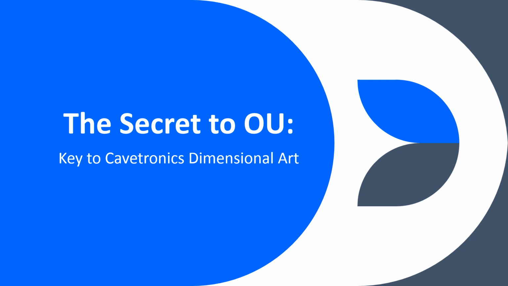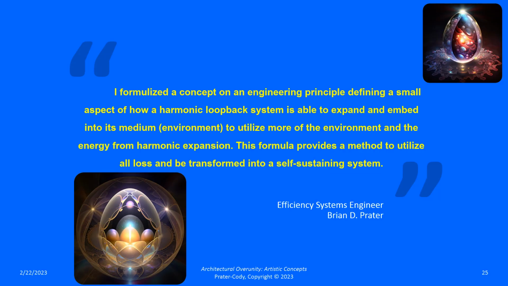What is the secret to Overunity, which is the key to making Cavetronics dimensional art? Efficiency systems engineer Brian D. Prater stated, I formalized the concept on an engineering principle, defining a small aspect of how a harmonic loopback system is able to expand and embed into its medium environment to utilize more of the environment and the energy from harmonic expansion.